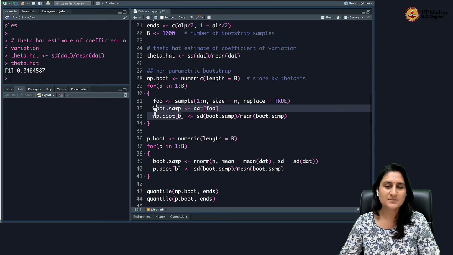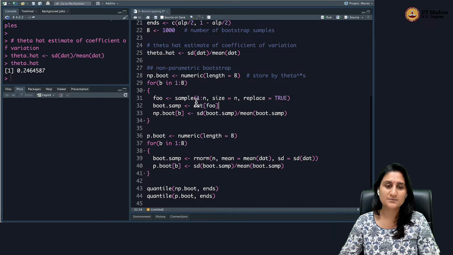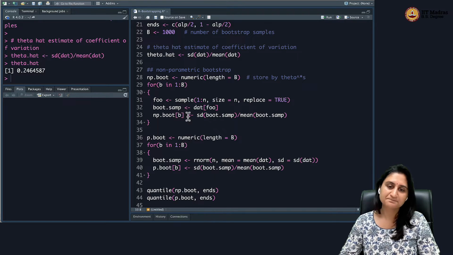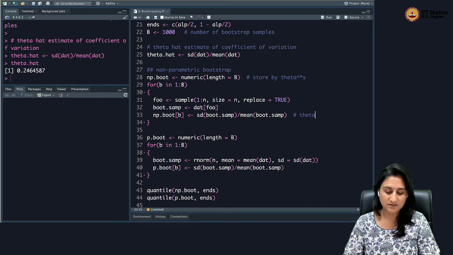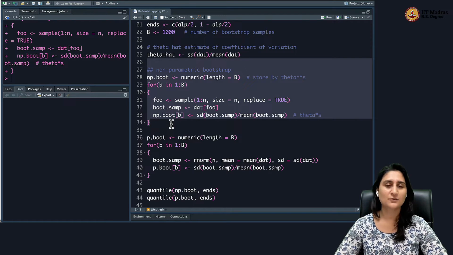Then my bootstrap sample is the data set subsetted only at those indices. And np.boot at the bth index is the SD of this bootstrap sample divided by the mean of the bootstrap sample, right? So these are the theta stars. I can run this, and that completes my non-parametric bootstrap.